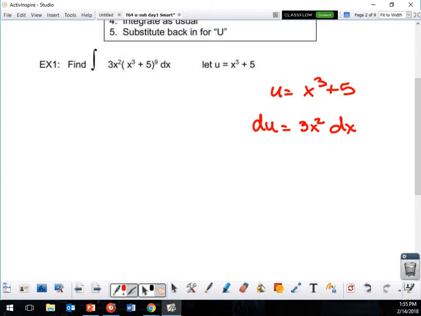Now, let's go back over here to my substitution. What I'm doing here is replacing my 3x squared and dx with du. These are multiplications, so these two together are going to be replaced with du.